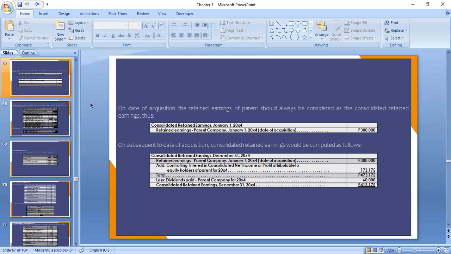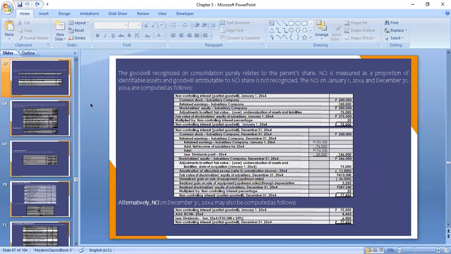So we have now the consolidated retained earnings. Take note that we have the share of the parent. We are also deducting the dividends paid. Now we have four. The goodwill recognized on consolidation purely relates to the parent share. A non-controlling interest is measured as a proportion of identifiable assets, and goodwill attributable to NCI share is not recognized.